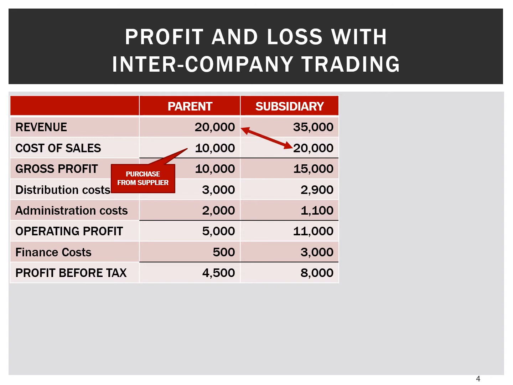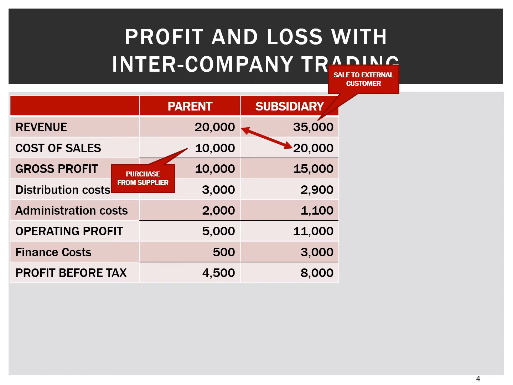So in the individual company accounts, that will be shown as £20,000 of revenue in the parent company, resulting in a gross profit of 10, and in the subsidiary company it will be shown as a purchase in cost of sales of 20,000. If the subsidiary then sells those goods to an external customer for 35,000, the subsidiary will be showing a gross profit of 15.